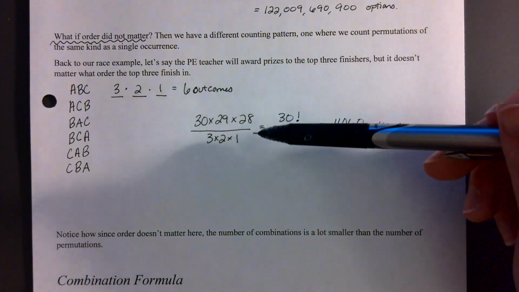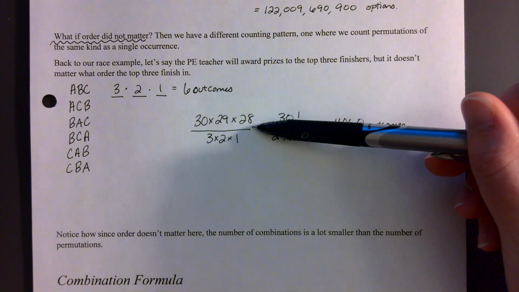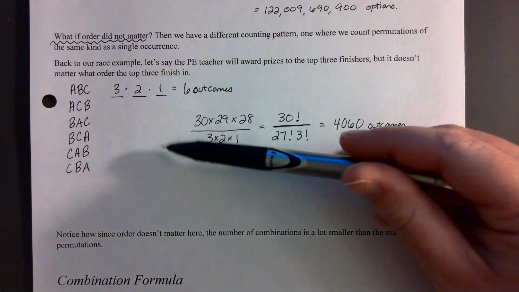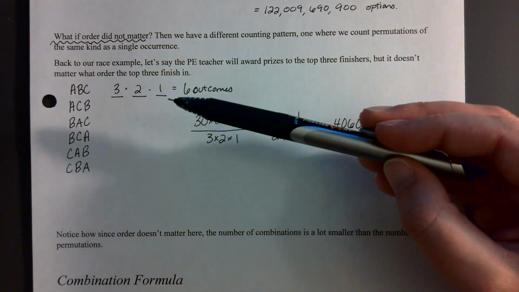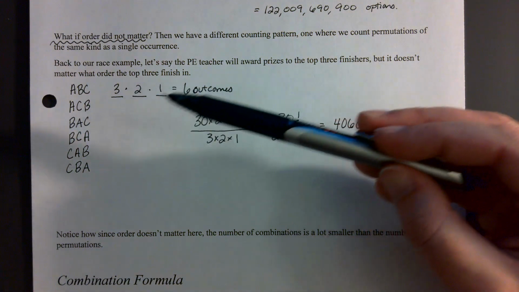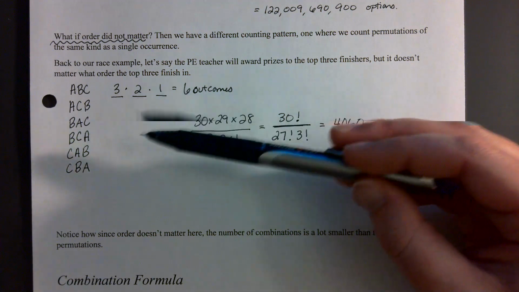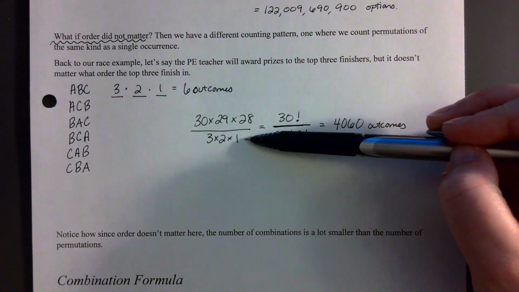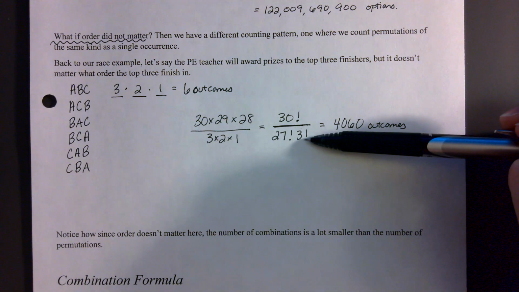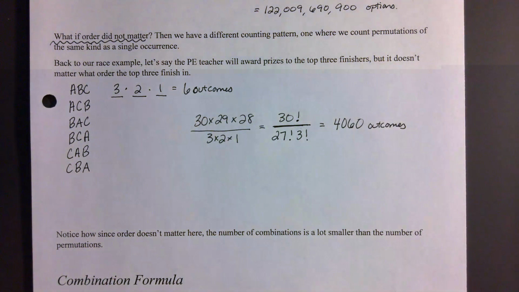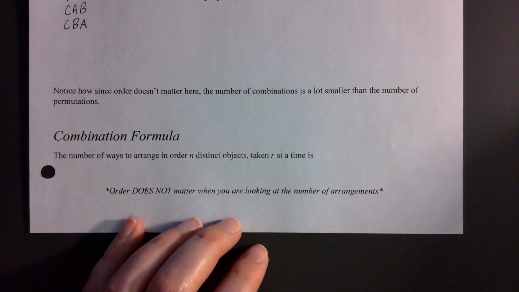What I like to do is look at our permutation and then eliminate those repeats by taking the factorial of what we're choosing on the bottom. Because really this is just 3 factorial. It's 3 times 2 times 1.